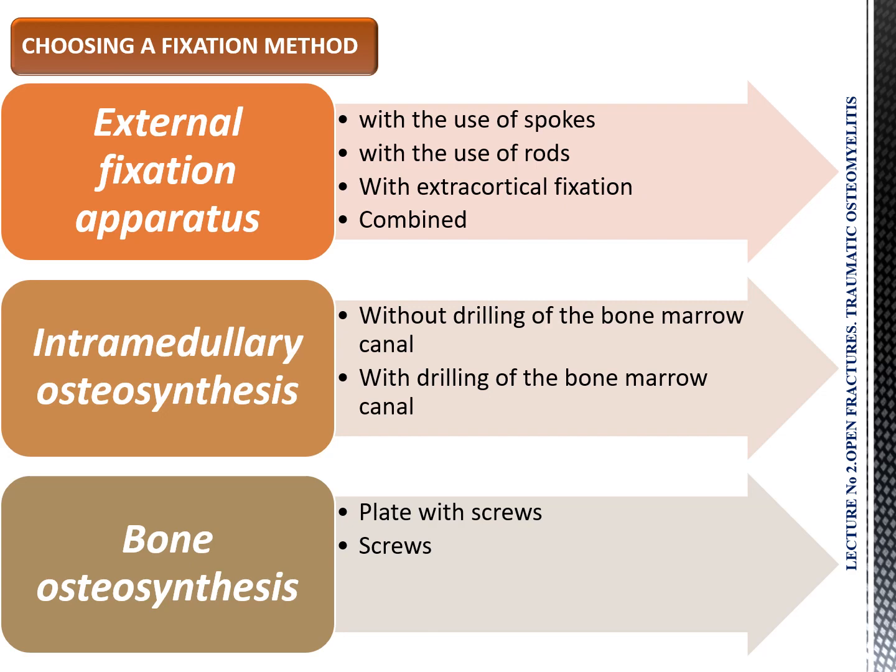That is, the devices can be spoke, rod with extracortical fixation, and combined. In addition, we talked about intramedullary synthesis, when a metal structure is inserted into the bone marrow canal. This can be done without reaming the bone marrow canal, and in this case we mentioned spokes, nails, and modern metal structures that can be locked with reaming of the bone marrow canal.